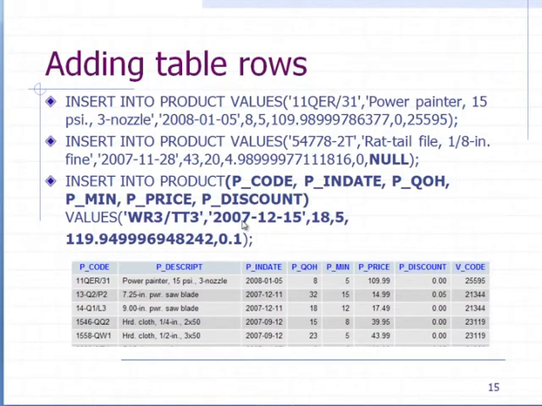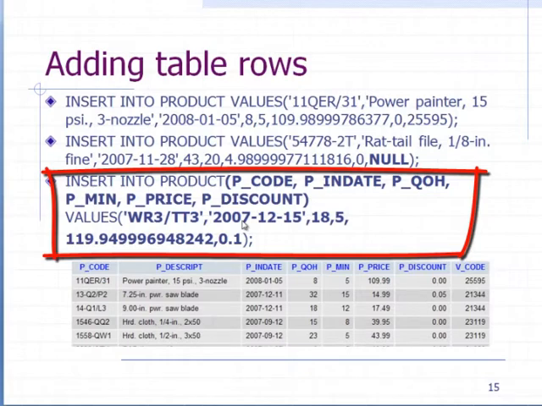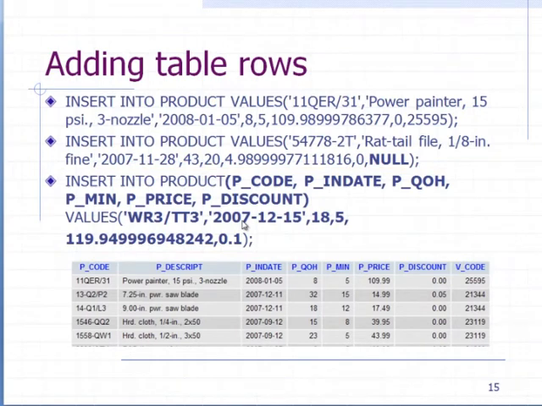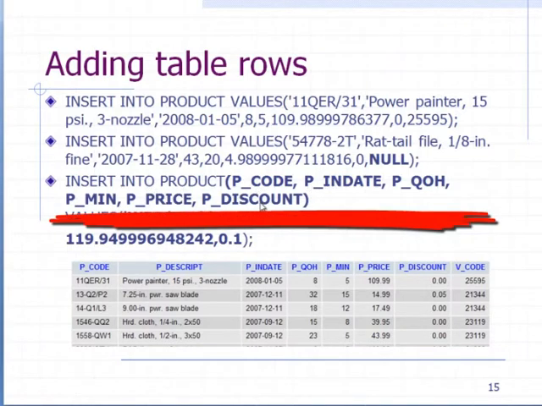The last example here is a little bit different. In this case, we have values for some columns, but for some specific columns, we don't have information yet. In that case, we just want to put values for certain columns, not all the columns in the table. To do this, since the total number of values that I have does not match the total number of columns in the table, we have to specify the column names where we are going to insert values.